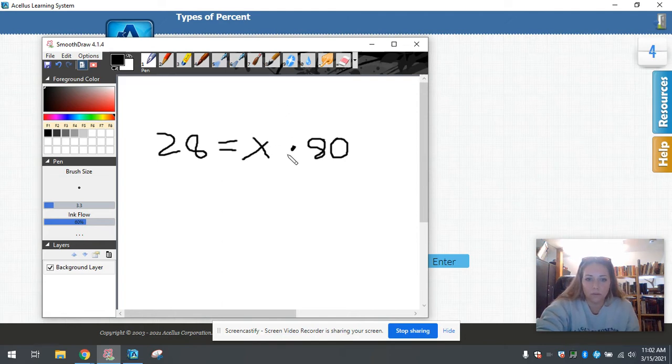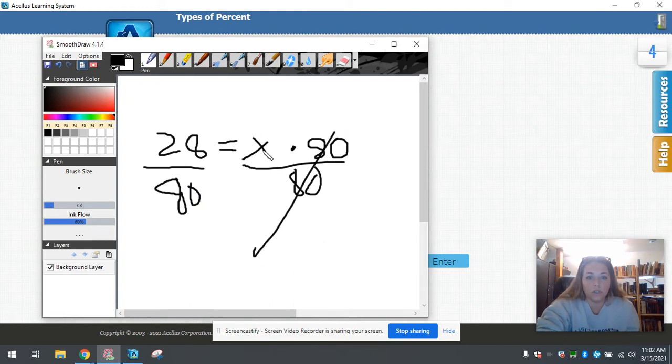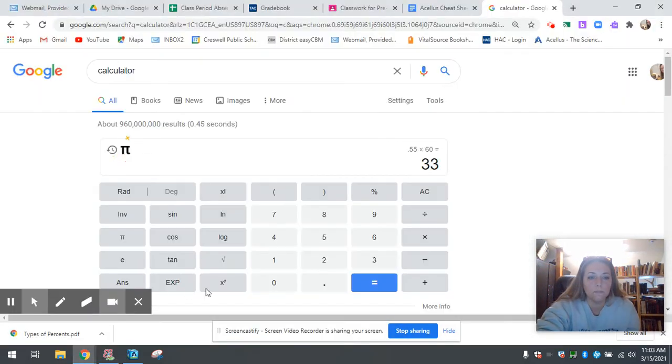So we mess with the 80 that is on that side of the equation with it. We want to get it away from that x. To undo the multiplication, we divide by the number that's attached to the variable. On this side of the equation, we now are left with x equals 28 divided by 80.